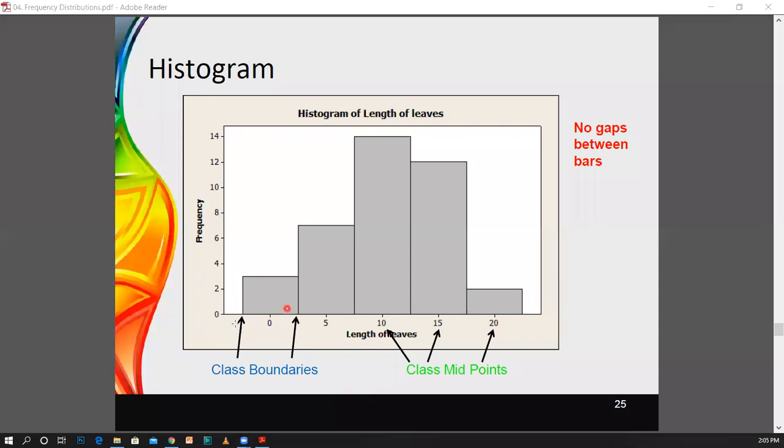And we always use the class boundaries to construct the histogram. By connecting these class boundaries with the frequencies associated with those classes, you can easily construct the histogram.